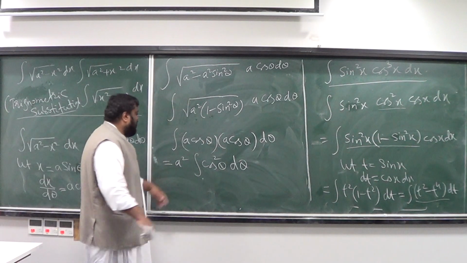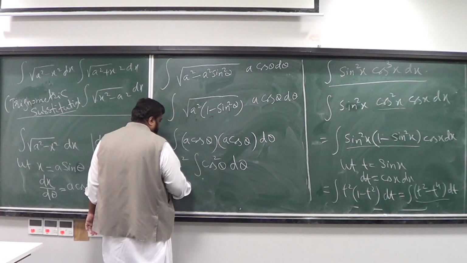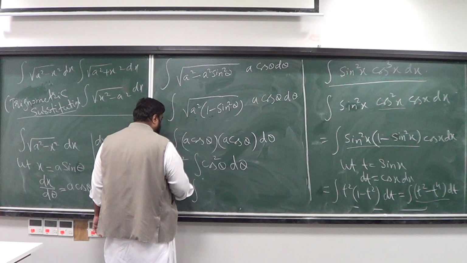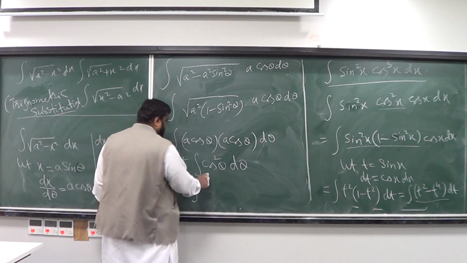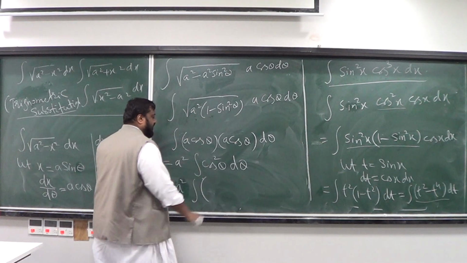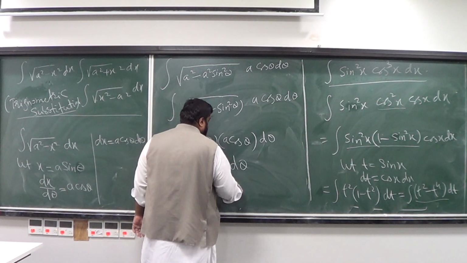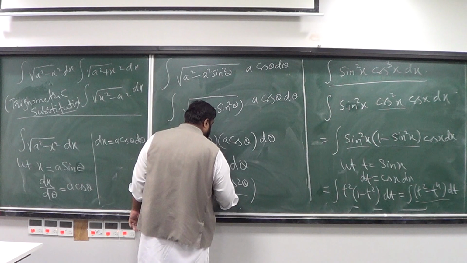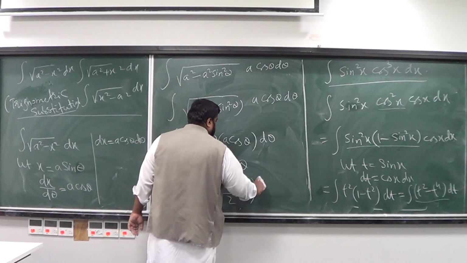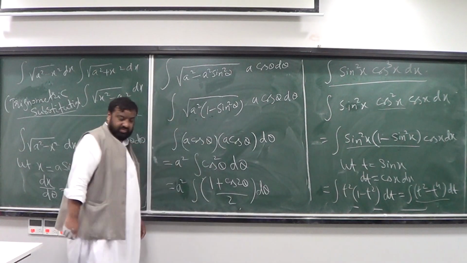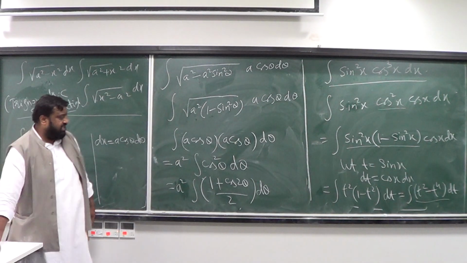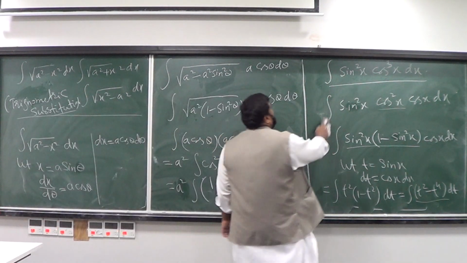So what can I do with the cos square theta? I can say that cos square theta is 1 plus cos 2 theta divided by 2, and d theta. Okay, that's what it is going to be.